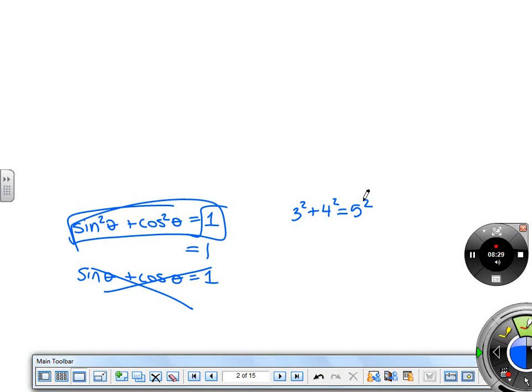Okay, so 9 plus 16 equals 25. But does 3 plus 4 equal 5? No. Okay? Is that all right? Okay, so that's because if we take the square root of both sides, when these are being added together, that sum is happening before the radical here, and we can't just separate those underneath there. If they were multiplying each other, it'd be a different story. Okay? All right, good question.